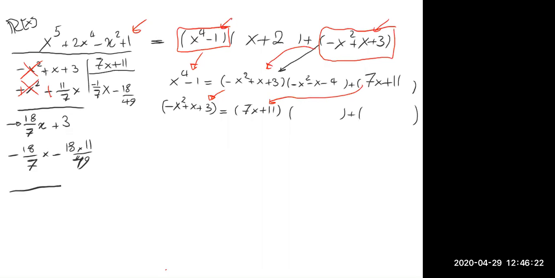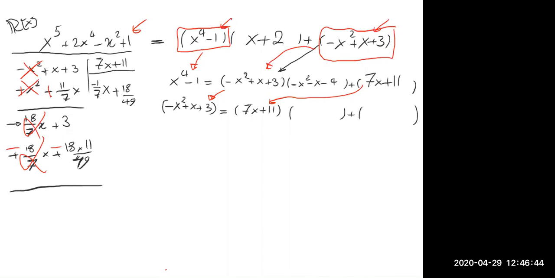And then I should change the signs. Oh, sorry, then this should be plus then. Becomes plus. I should change the signs, they become minus. These two cancel each other.